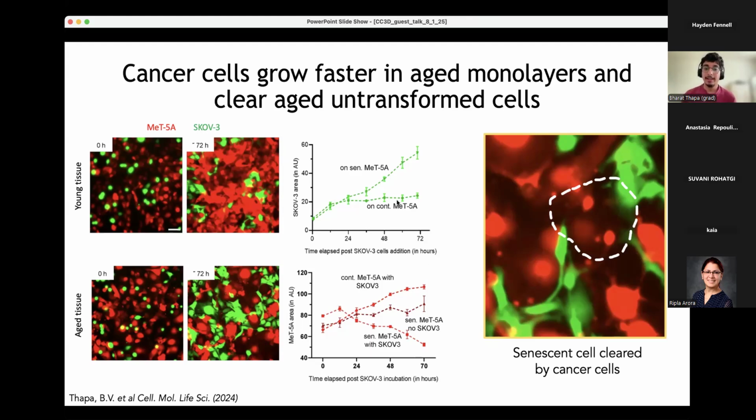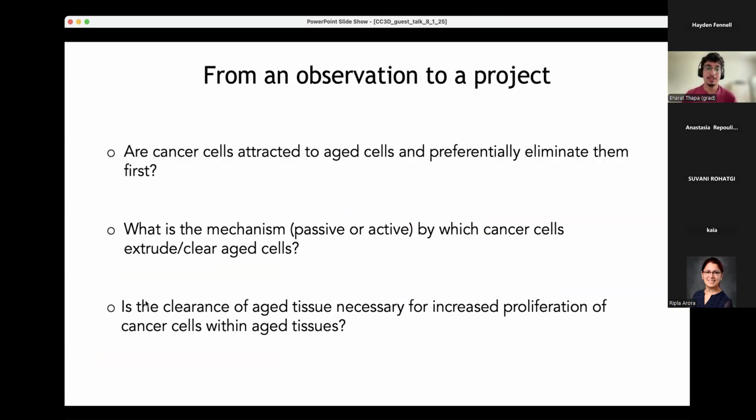These are the observations that I made, which I've listed here. And from these observations, I wanted a project, because that's what I wanted to work on for the next 2 years. So these were some of the questions that were really interesting to me. First, I had some preliminary idea that cancer cells are getting attracted to aged cells within aged tissue and are perhaps preferentially eliminating them first.